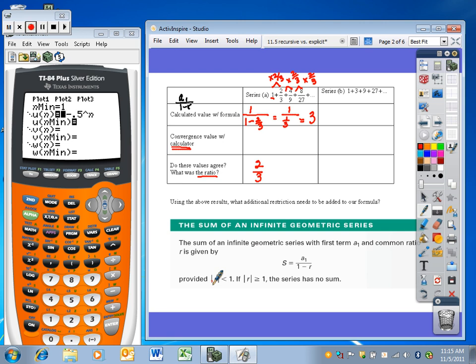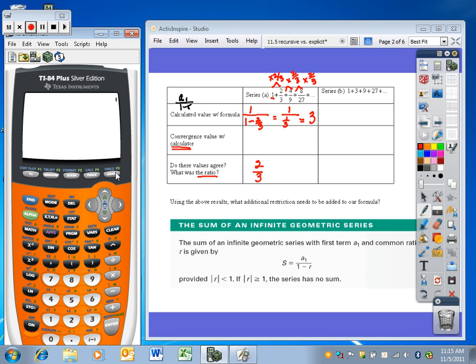So our first term was 1 times, my ratio, 1 minus 2/3 raised to the n, divided by 1 minus 2/3. And let's look at our table and see what it approaches.